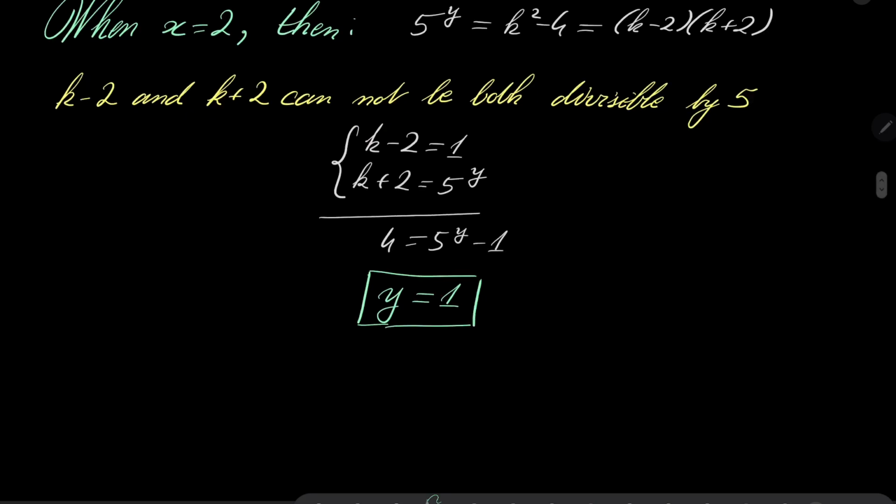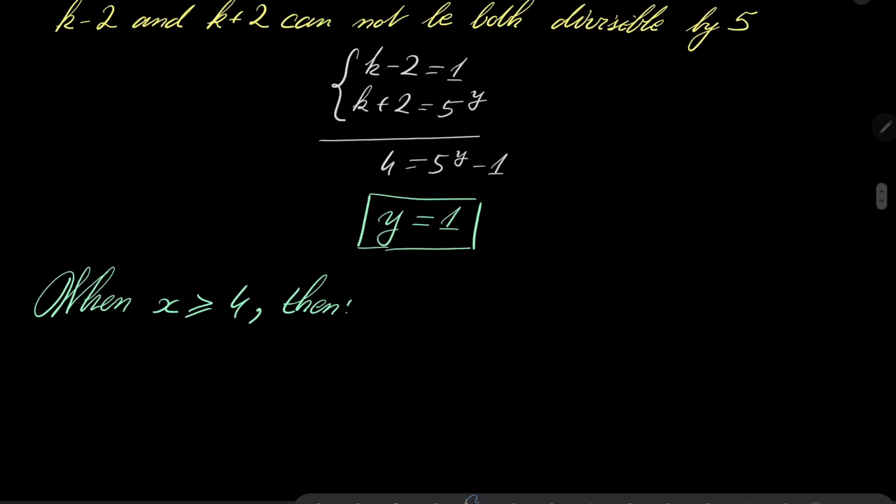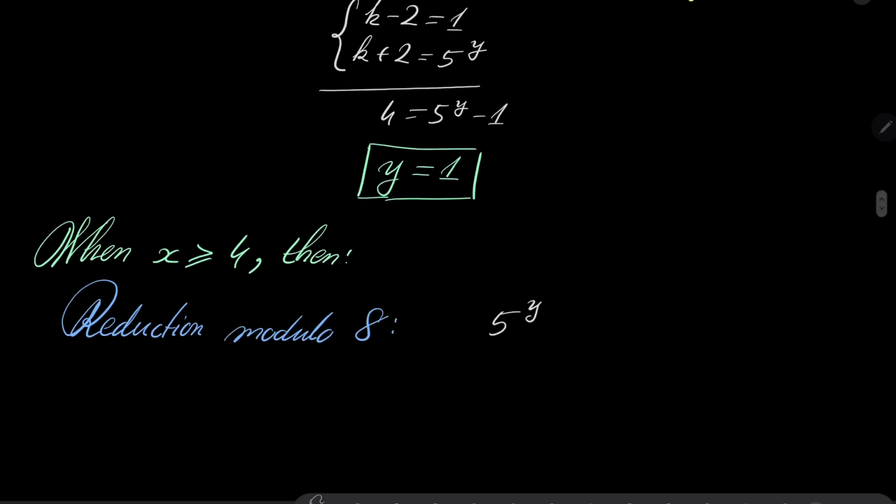And the last case, when x is greater than or equal to 4, then we do reduction modulo 8 this time. And notice that now we have 5 to the power of y is congruent to k squared modulo 8, because 2 to the power of x is greater than or equal to 4, so of course it's divisible by 8.